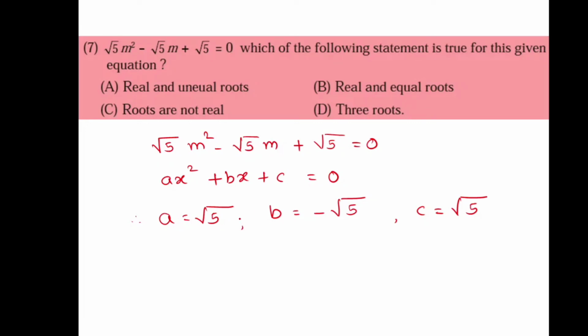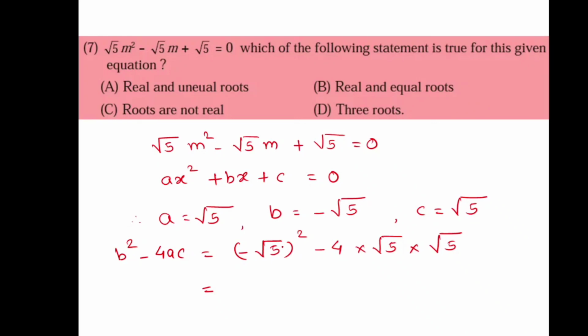Now by having these values a, b and c, we can have the value of discriminant b square minus 4ac. So b square, that is minus root 5 bracket square, minus 4 into a, that is 4 into root 5 into c, that is root 5.